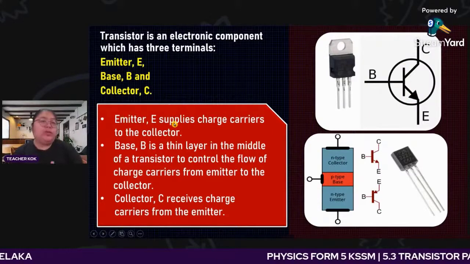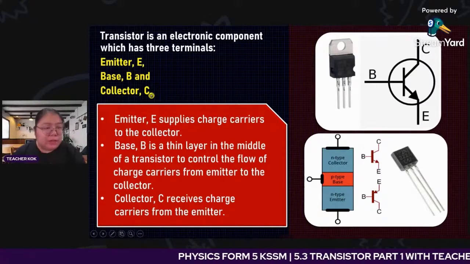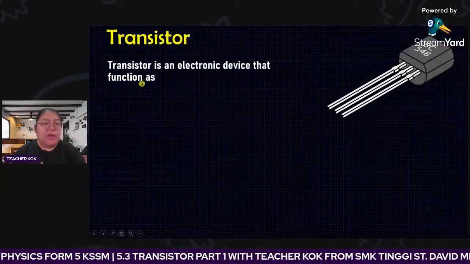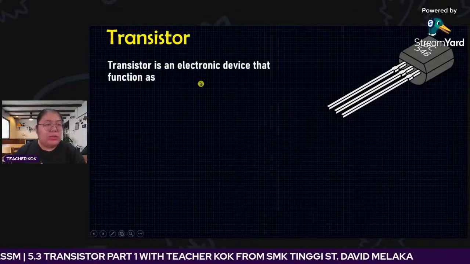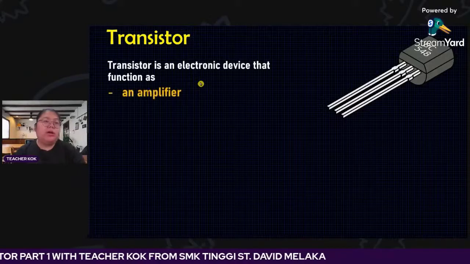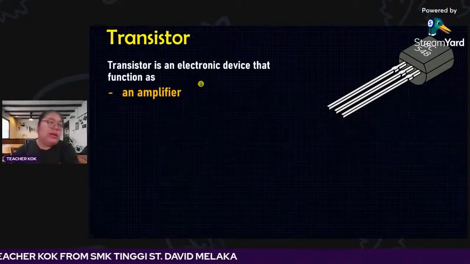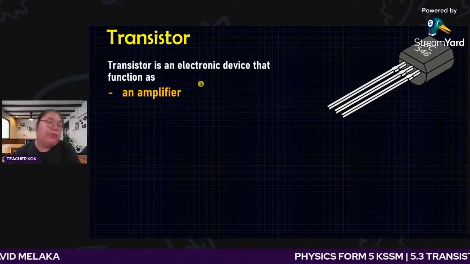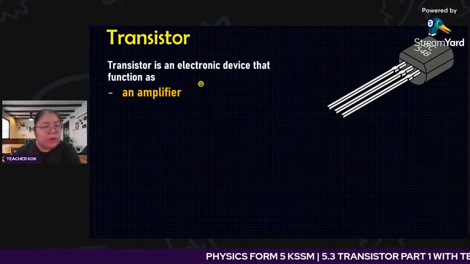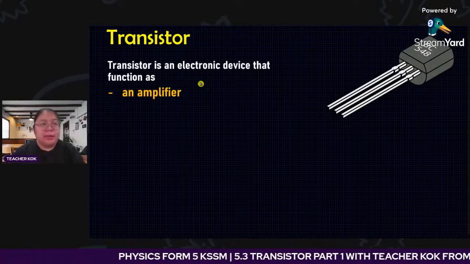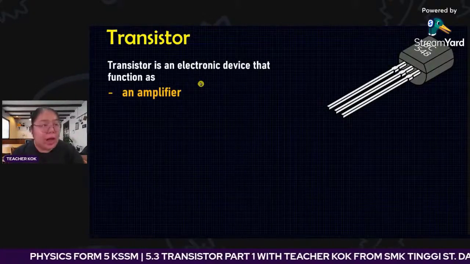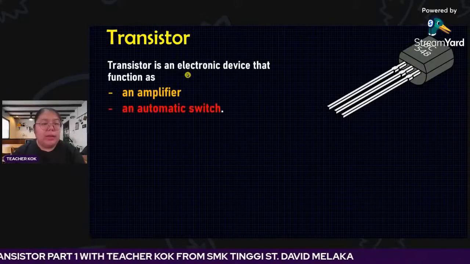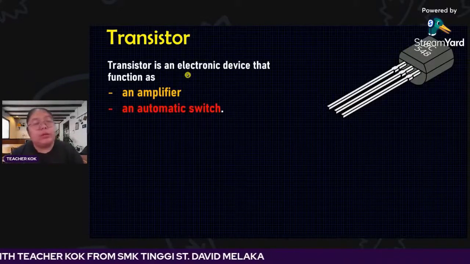After I finish explaining the terminals, what's the function? Now we go to the next part. A transistor is an electronic device. What is its function? We have two functions. First, it can become an amplifier. For example, your microphone is one of the amplifiers. That means it can increase the output current. That one we call an amplifier. Another one, it can become an automatic switch.